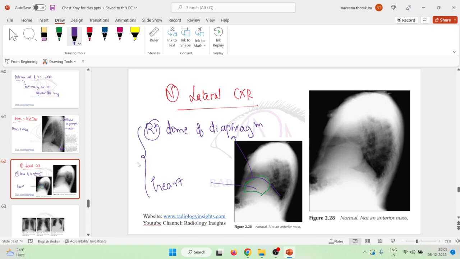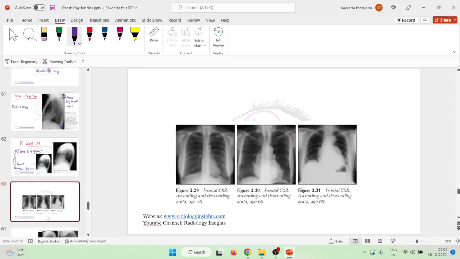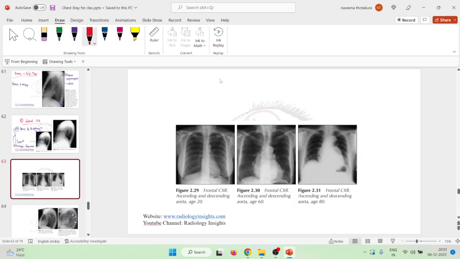Both of these have overlapped and produced a fake mass, which is not a true mass, because of the overlapping of the right dome of diaphragm with the shadow of the posterior margin of the heart.